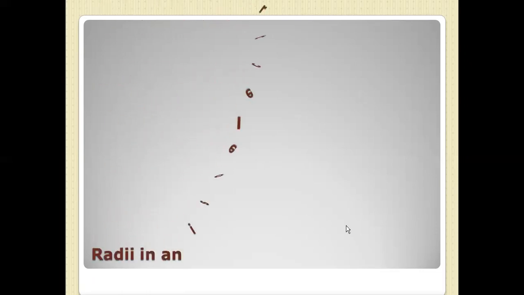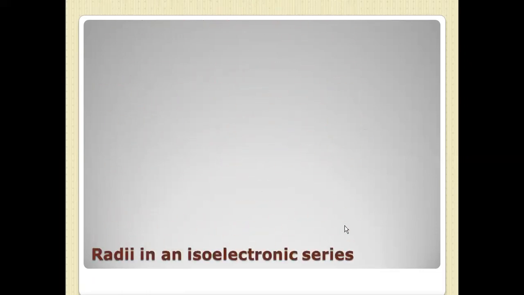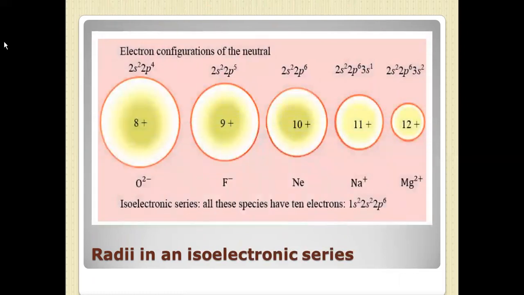So this could be explained about the radius in the isoelectronic series. You can see here, when you take O2 minus, I am talking along the period, the atomic number is increasing but the electron configuration is the same. Your O2 minus, F minus, neon, sodium plus and magnesium 2 plus all have the same number of electrons, but the atomic number is increasing.